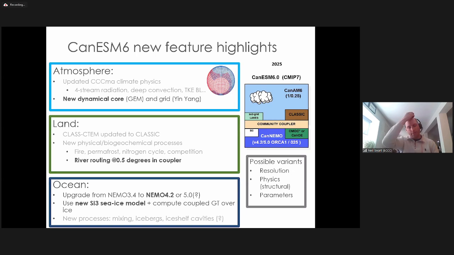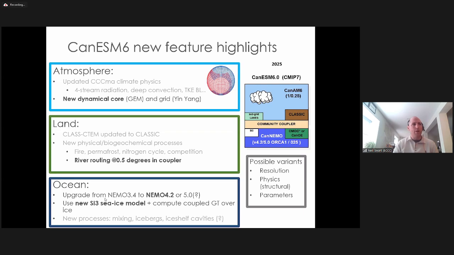So just to draw out a few other things, besides the physics that Carsten talked about in the atmosphere, CanESM6 will also include a new dynamical core based on GEM, and along with that, a new grid, the yin-yang grid shown there. For land, besides all those things that Vivek just spoke about, we are also moving river routing that used to live on the atmospheric grid into the coupler and doing it at a higher resolution.